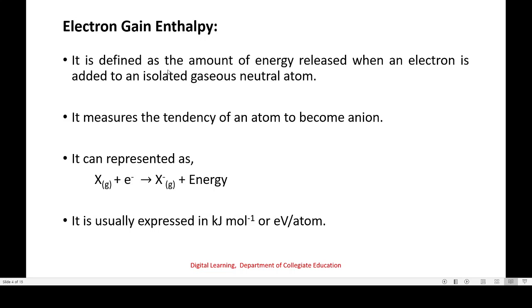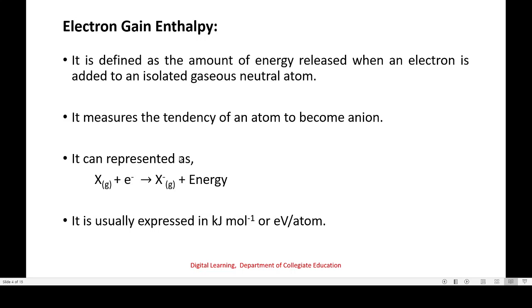It is defined as the amount of energy which is released when an electron is added to an isolated gaseous neutral atom.